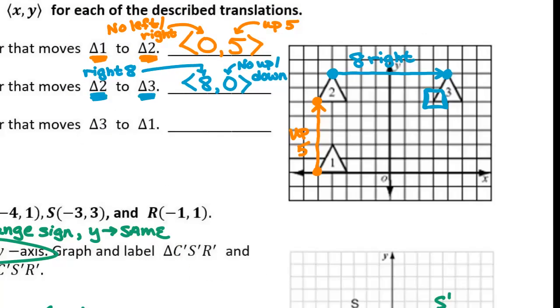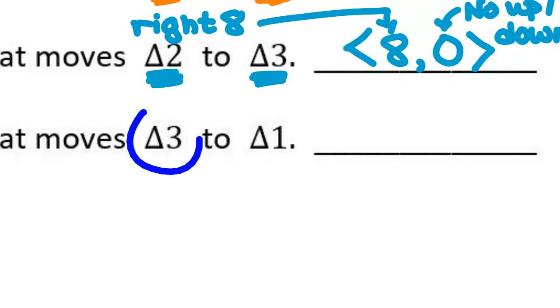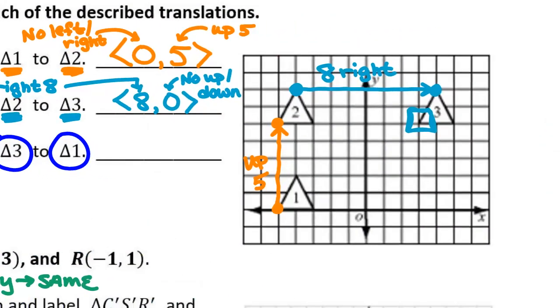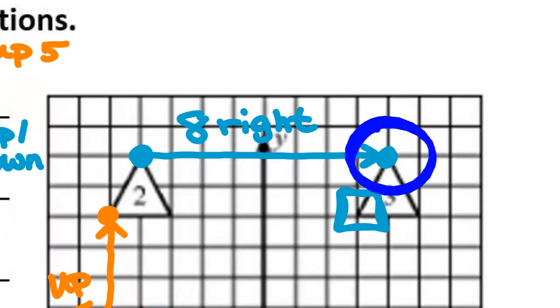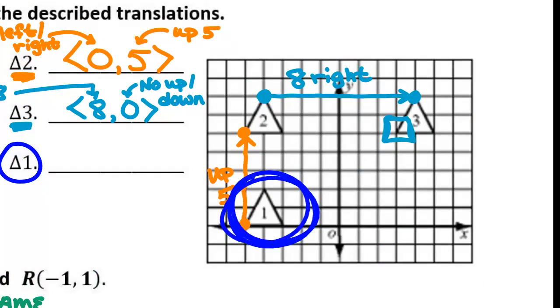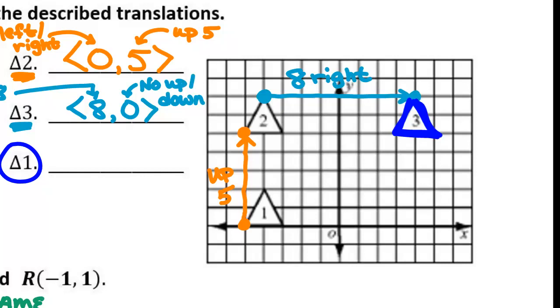All right, part C, we're going to start from triangle 3, and we want to end at triangle 1. So I'm starting here, and we're ending down here. So basically, I'm doing what I just did, but in reverse. So if I start at triangle 3, to get down to triangle 1, I would have to go this way.